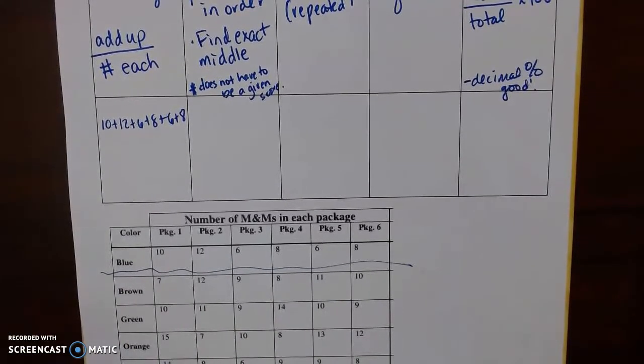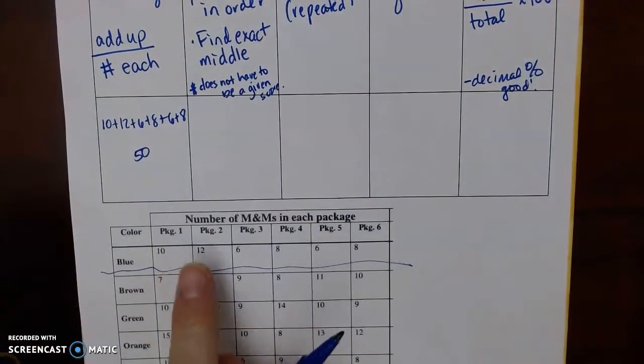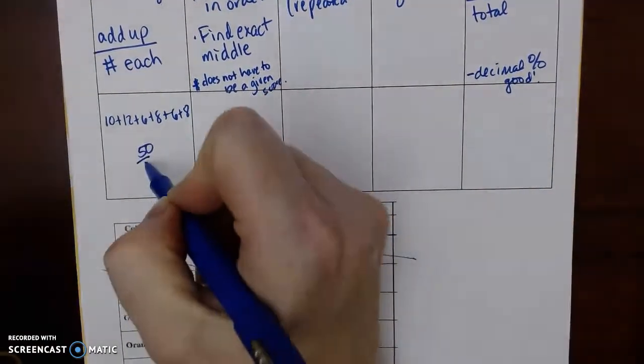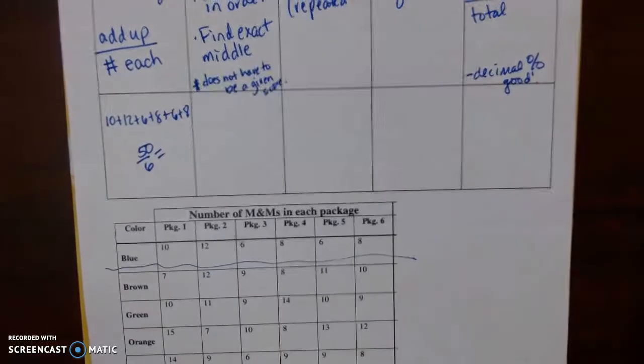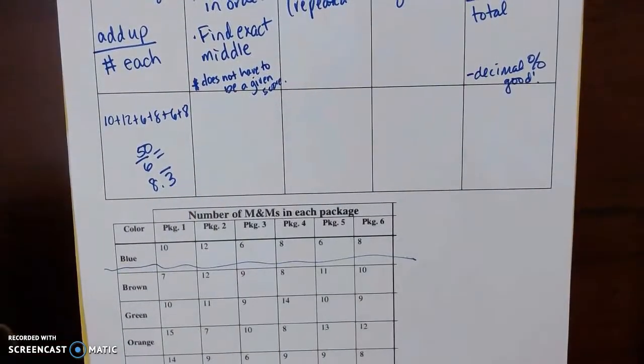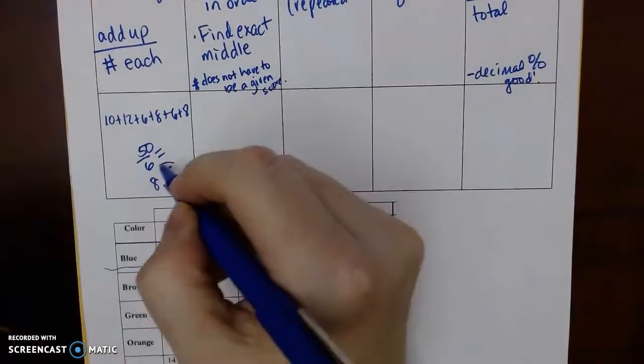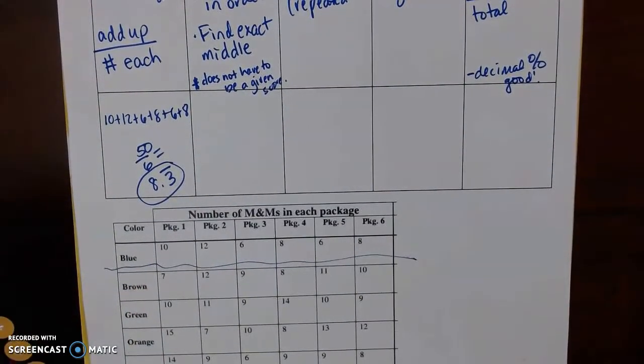We've got 10 plus 12 plus 6 plus 8 plus 6 plus 8, and I got 50. And you want to divide by how many there are. So there are 1, 2, 3, 4, 5, 6. So 50 divided by 6 is 8.3 repeating. If you wrote 8.3, that's fine. Don't write 8, so that we can tell that you actually calculated the mean.